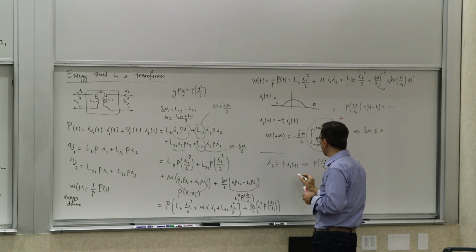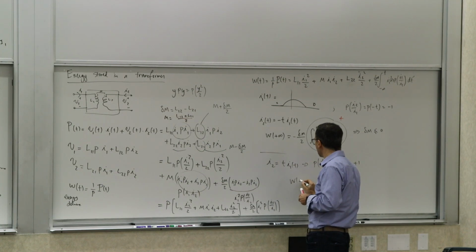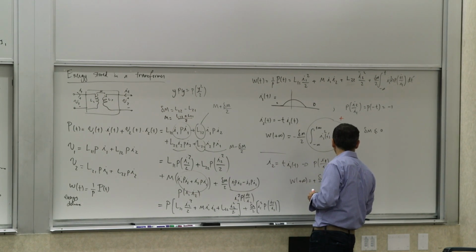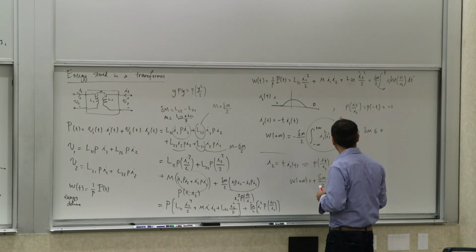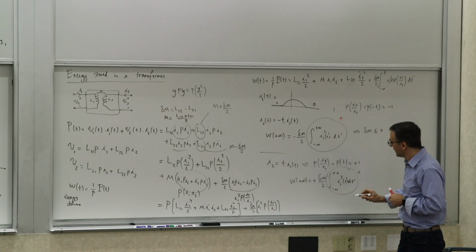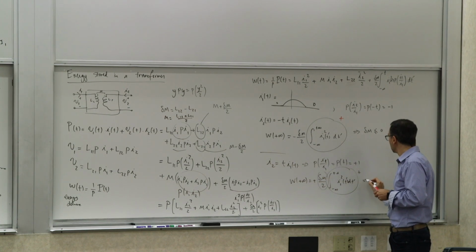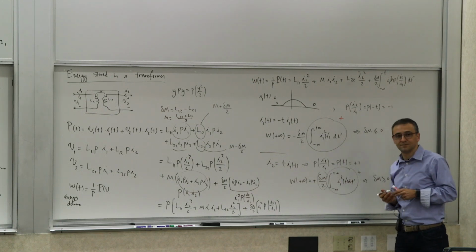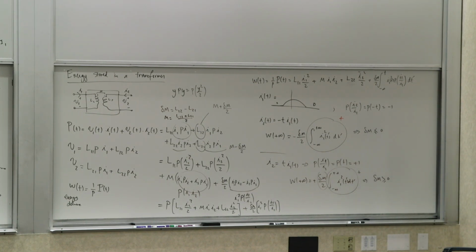So w of plus infinity becomes plus delta m over 2 integral from negative infinity to positive infinity of I1 squared of t prime dt prime. And this is a positive quantity, so this needs to be positive. So delta m has to be greater than or equal to 0 for these two sets of definitions.